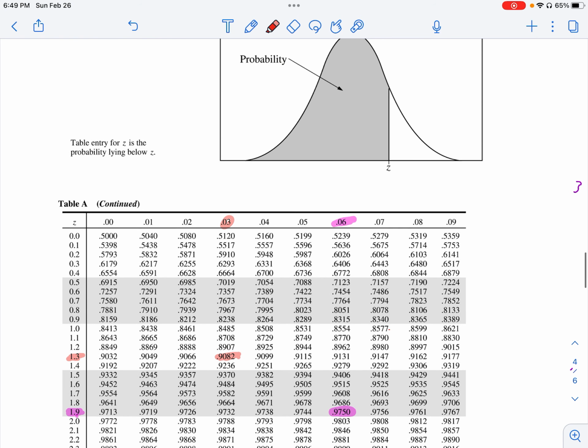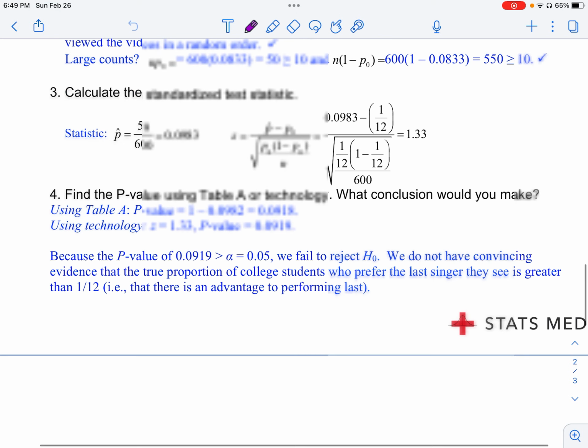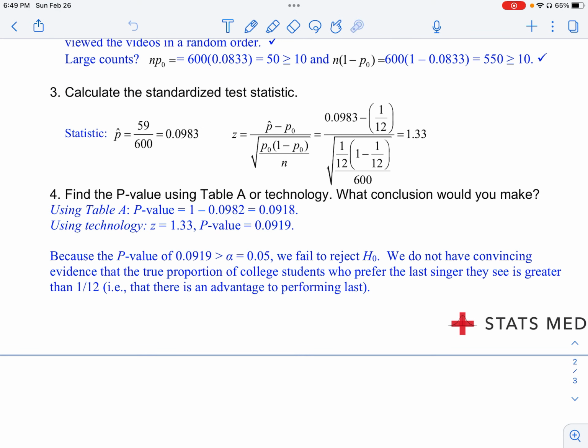So you might think, wow, that's 0.90, but remember that this is the shaded area over here, 0.9082. But what I want is a result like this or greater. I want this side. So this is 1 minus 0.9082. So beware of that. Which is what we have right here, 1 minus 0.9082, which is about 9%.